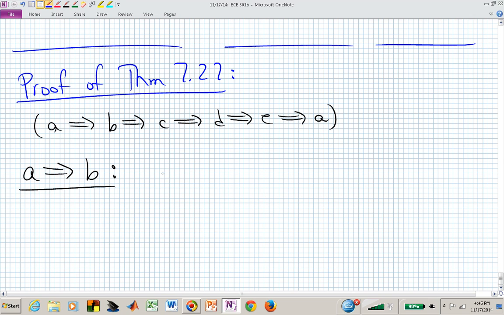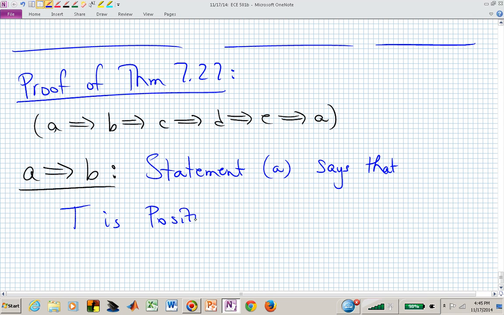And statement A, just as a reminder, said that the operator was positive. Statement A says that T is positive.